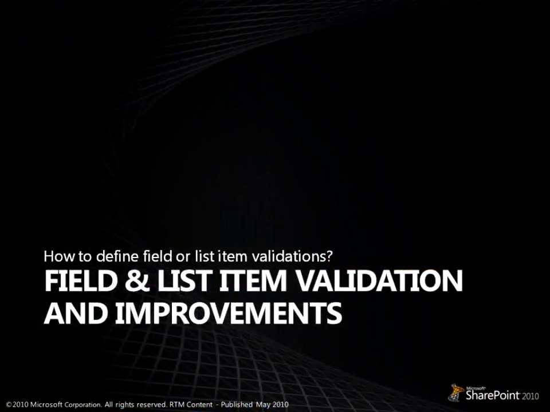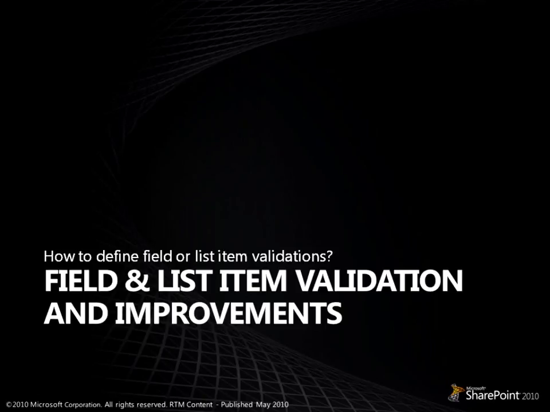One of the new capabilities also on list level is the capability of having validation rules for both field and list item level. In the previous version this was only possible within field level, but not in list item level.